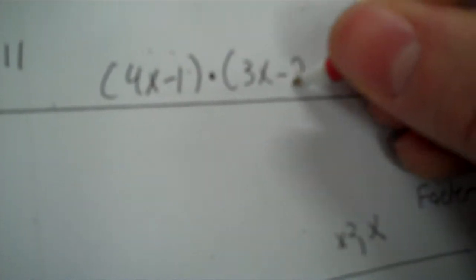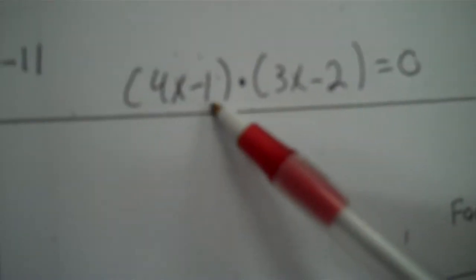That's 3x minus 2. Cross that out then. 4 times 3 is 12, isn't it? It is. Negative 1 times negative 2 is positive 2, so we know that that's right. So you got your F1, your F2.